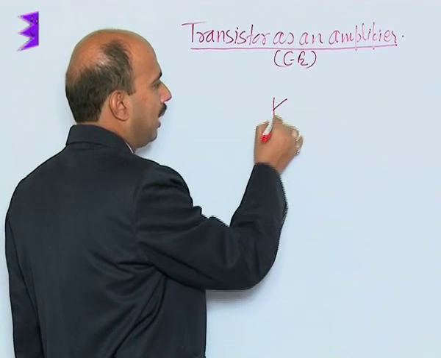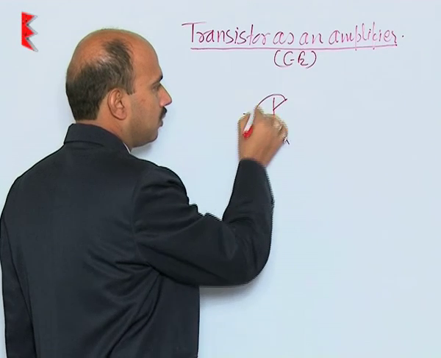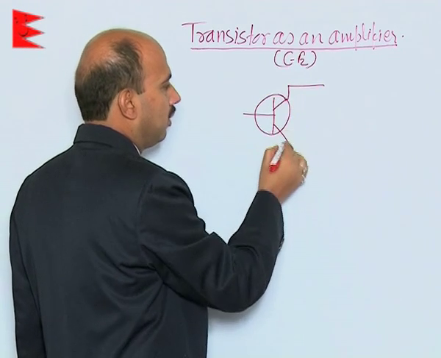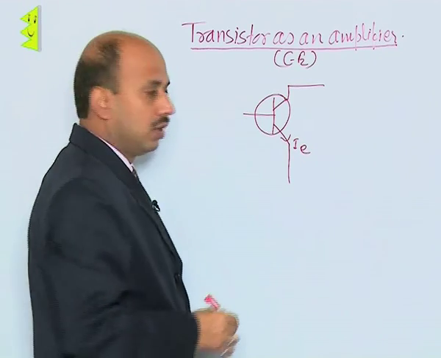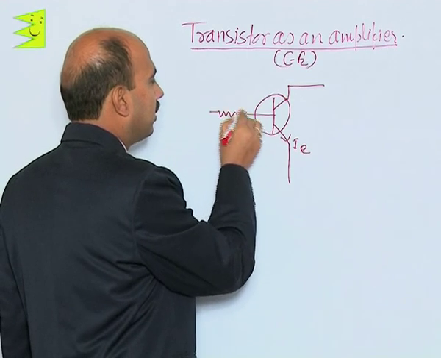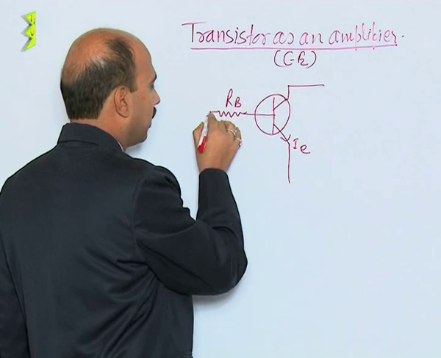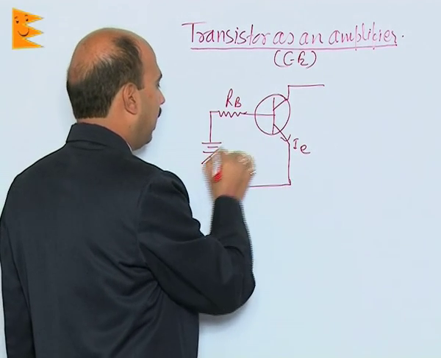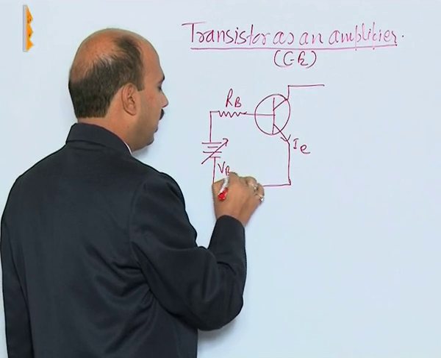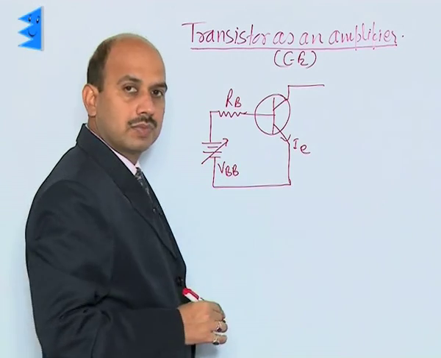Suppose there is a common emitter transistor, and this side is IE. Now there is a base resistance, that is RB. There is a biasing of this, and this is the forward biasing, that is VBB.